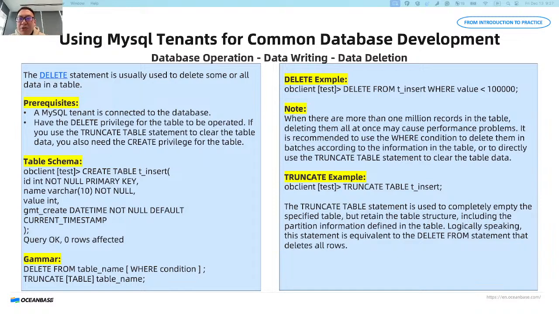It's recommended to use the where condition to delete them in batches according to the information in the table, or directly use the truncate table statement to clear the table data. The truncate table statement is used to empty the specified table, but retain the table structure, including the partition information defined in the table.